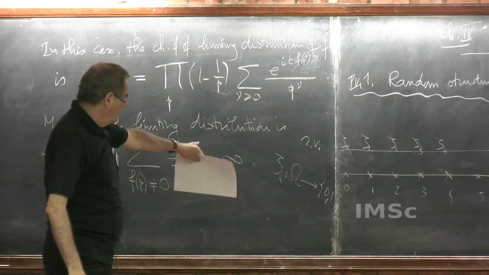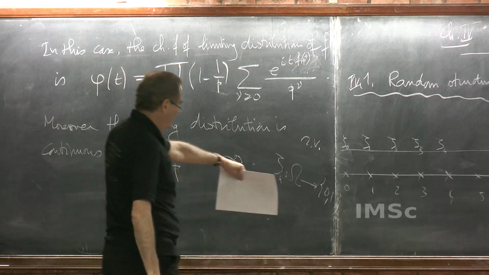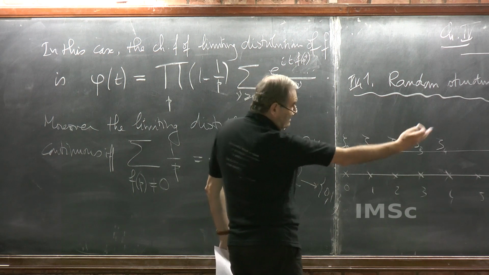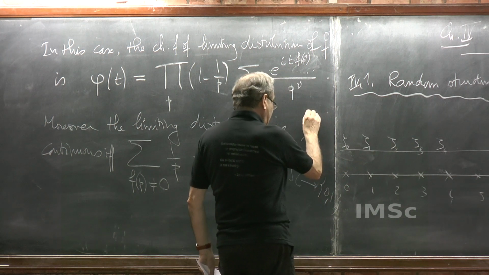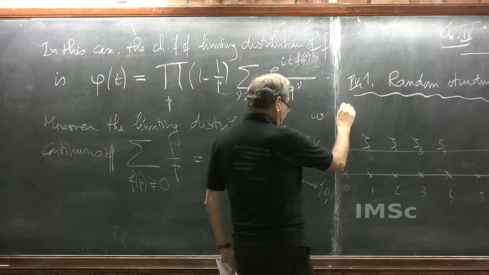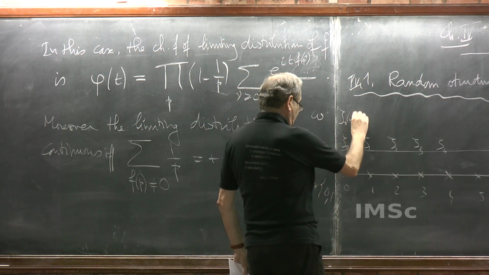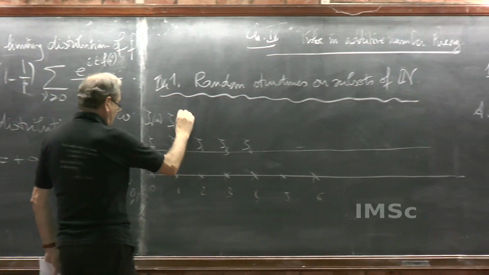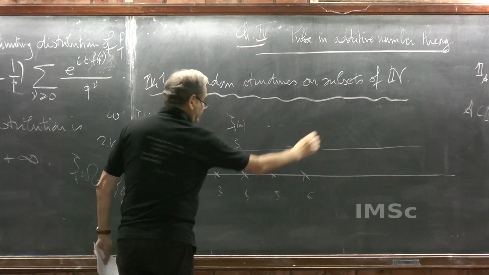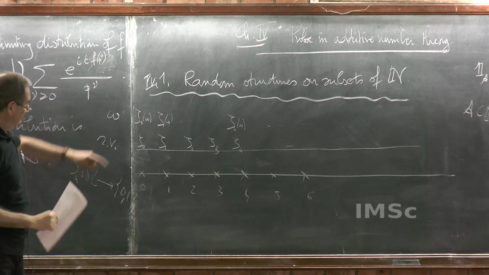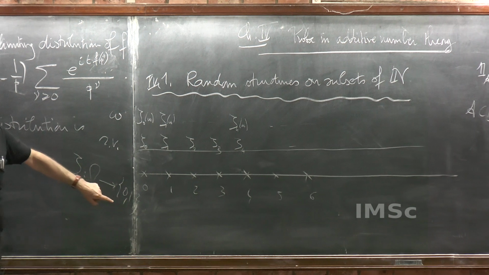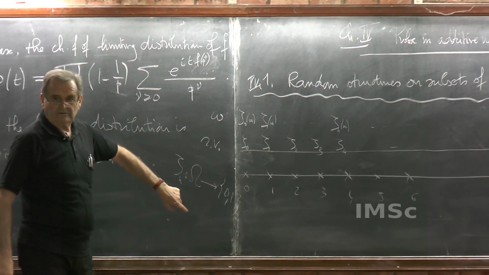So each time I select a little omega in my set, capital Omega, for the time being it has nothing to do with anything, but select a little omega. Then you can figure out what is zeta0 of omega, zeta1 of omega, zeta4 of omega, and so on. But this is a sequence of 0 and 1, because we are just looking at Bernoulli random variables.